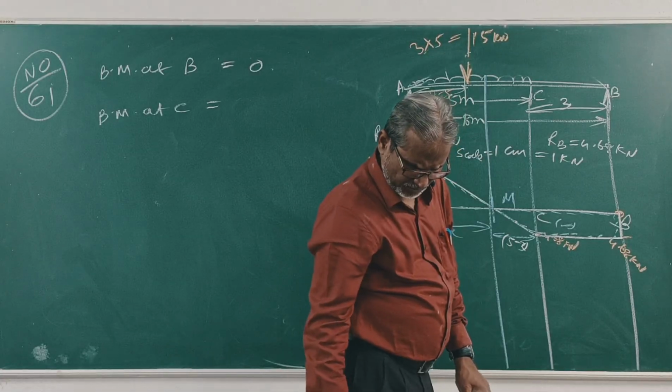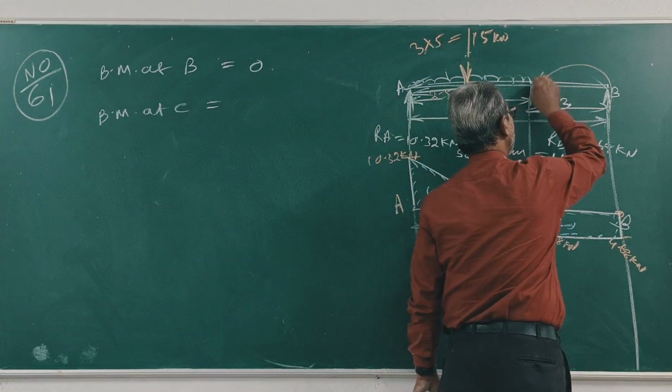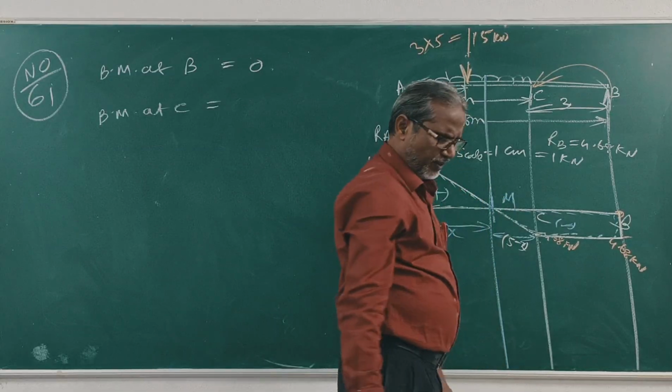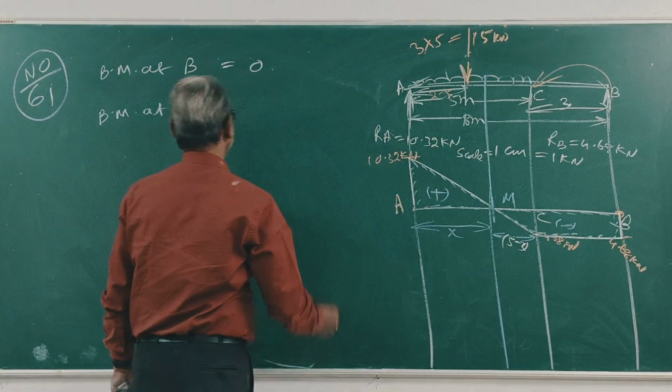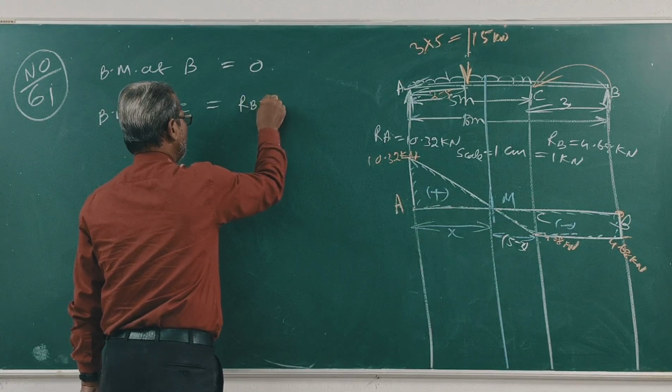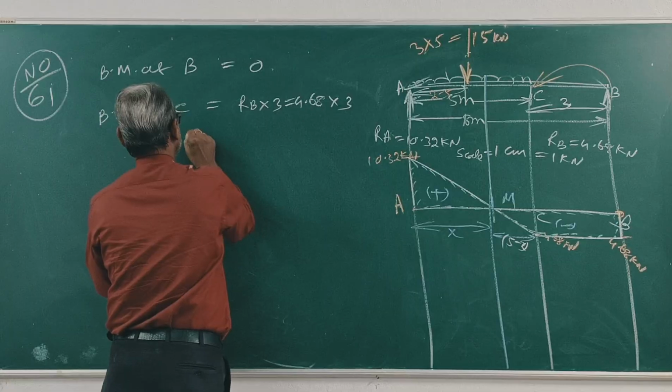This is 3. Clear? What is RB? 4.68 into 3. So this is MC.